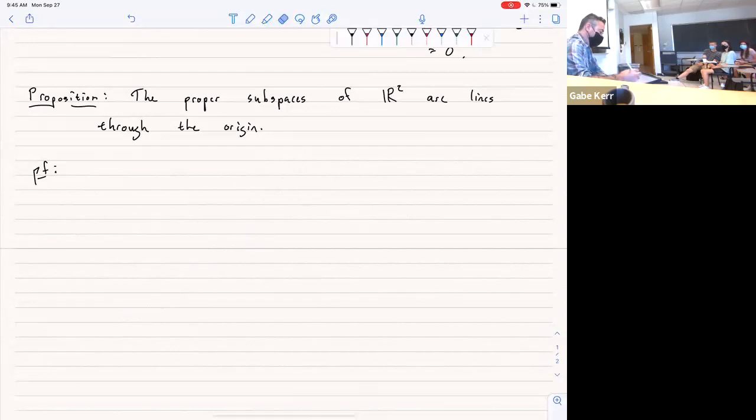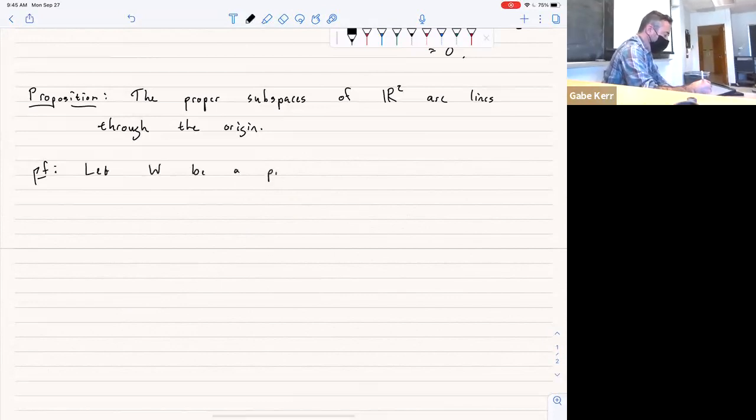So what I want to say is, let W be a proper subspace, and we'll say W is not equal to 0. This is proper.